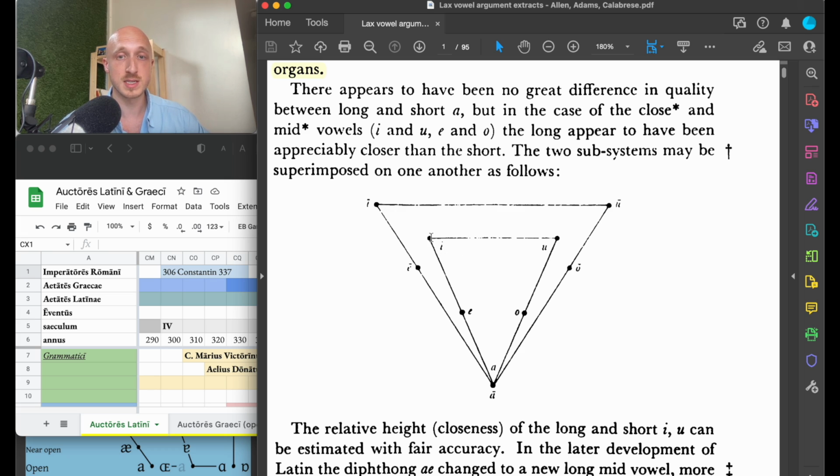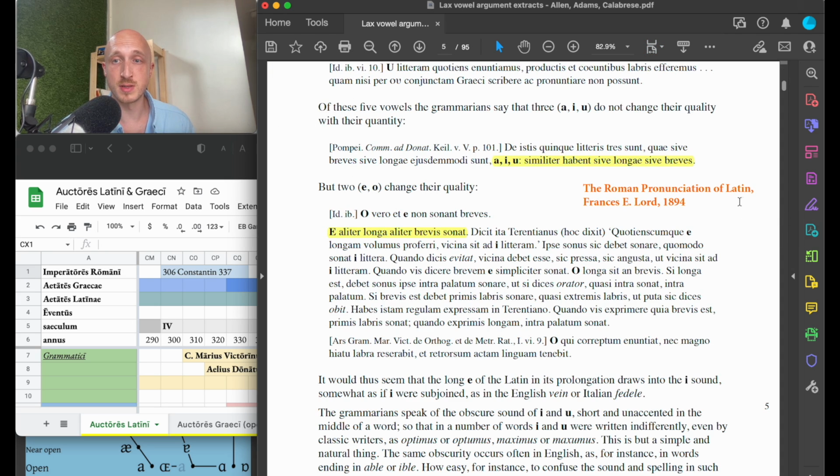So I but I, U but U, E but E, U but O. Now, this is taken from the Roman pronunciation of Latin by Francis E. Lord in the 1890s when he put this together. And he cites also from Pompeius saying that E aliter longa aliter brevi sonat. The vowel letter E sounds different when it's long or it's short. So the durations are not in question, but their quality is something interesting.